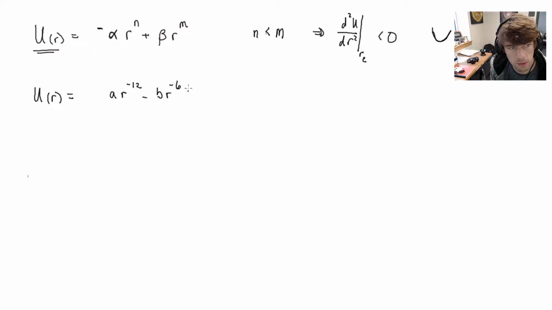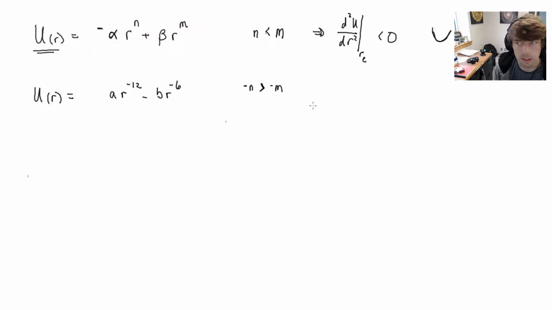So if I multiply through by a negative sign, I have negative n, and when you multiply through by a negative sign, you have to flip the direction of the inequality. So what I need is negative n to be larger than negative m. And you see, good, negative 6 is definitely larger than negative 12. So we're still good here. We're still dealing with a concave up, a local minima.